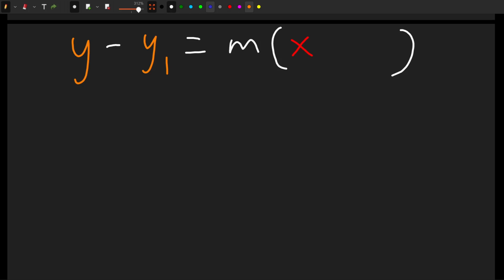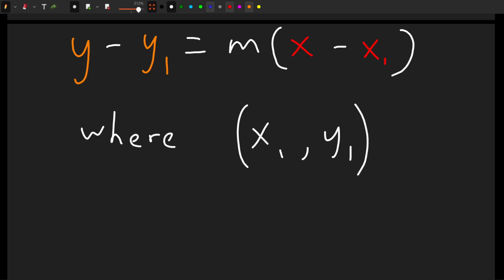It looks like this: y minus y1 is equal to m times x minus x1, where we have one point, x1, y1, and m is the slope.